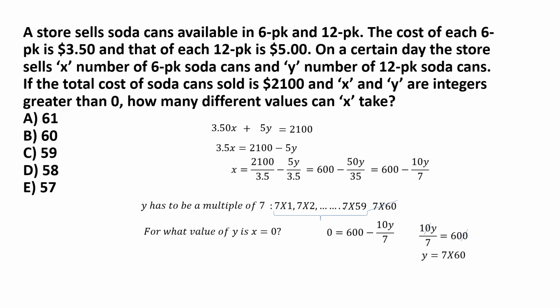So in all, y can take 59 different values. And since for each unique value of y, x takes on a unique value, we can conclude that x can also take 59 different values. So the correct choice in this case is going to be option C, 59.